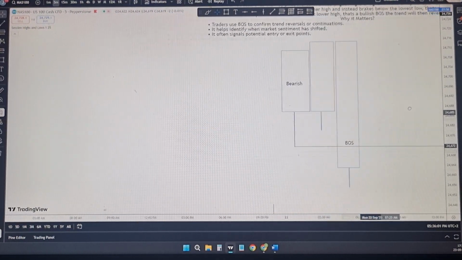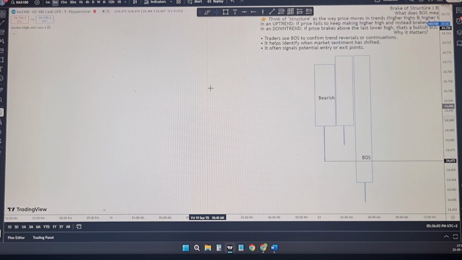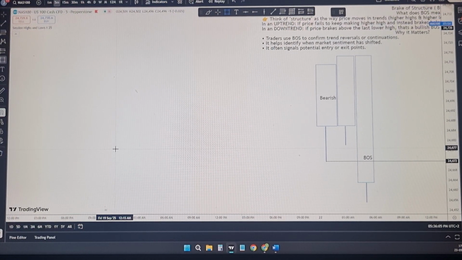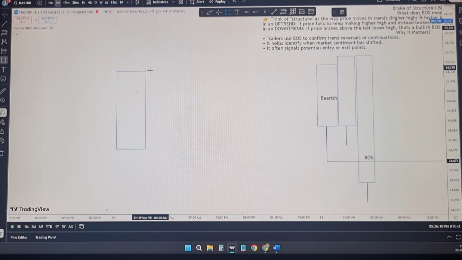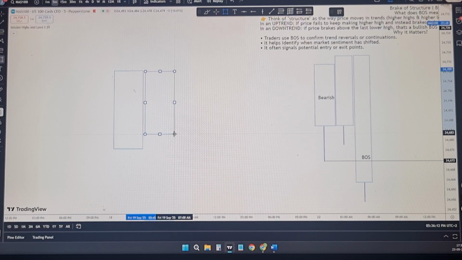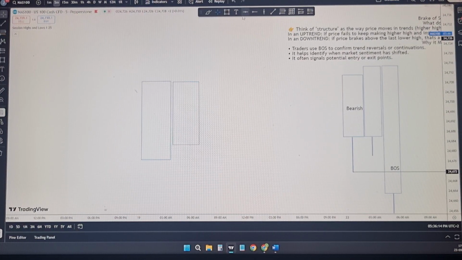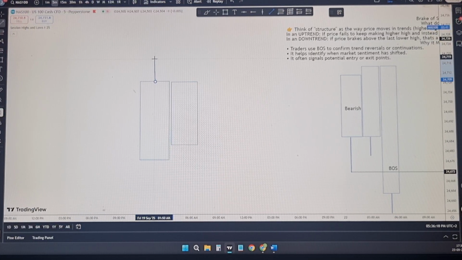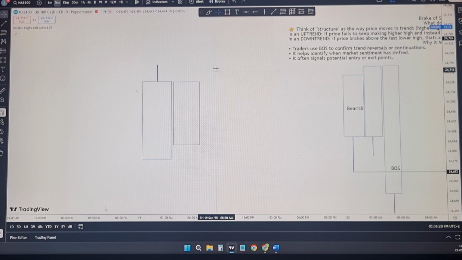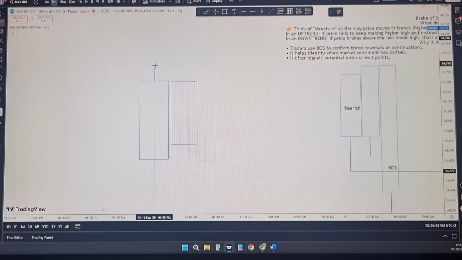Easy. Let's do it to the upside. If this was a bullish candle and this was a bearish candle, here's the wick. That means this is the high.